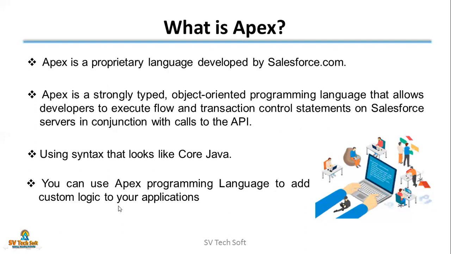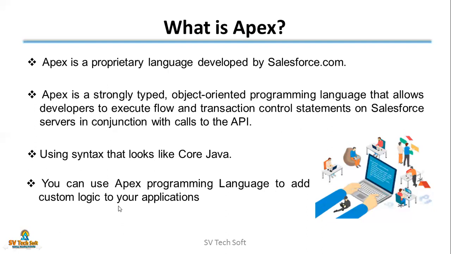What does that mean? Apex is a strongly typed and object-oriented programming language. What is the meaning of object-oriented programming language? It means developing the whole business logic by using classes.